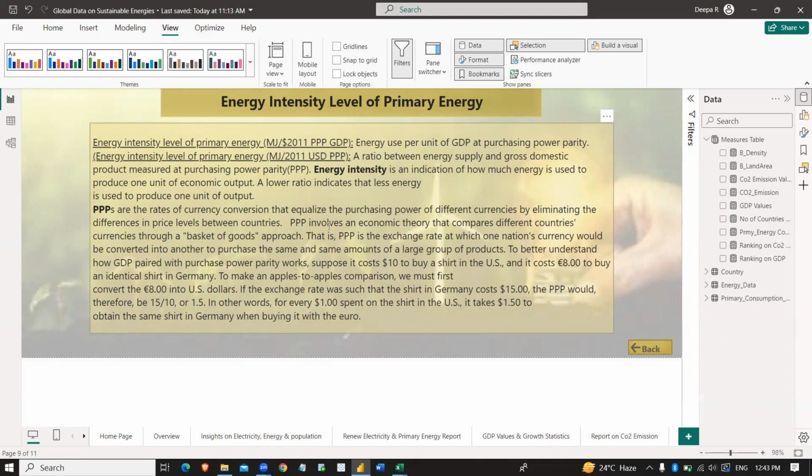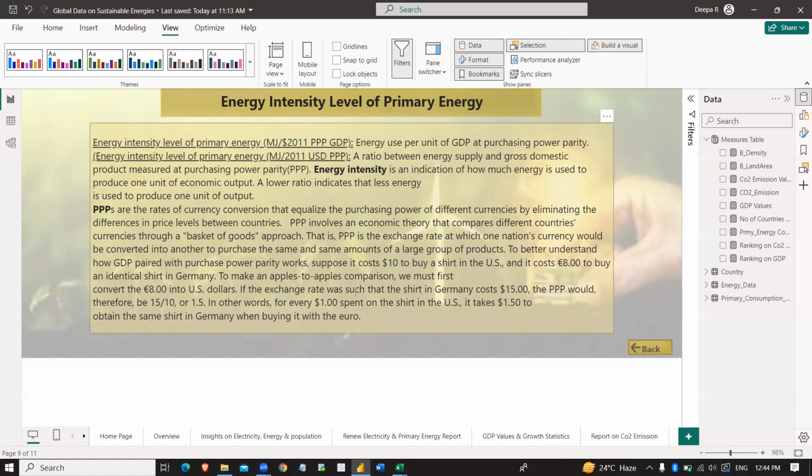To understand this better, here is an example. Suppose it costs $10 to buy a shirt in the US and it costs €8 to buy an identical shirt in Germany. To make an apples to apples comparison, of the same products, we must first convert €8 into US dollars.